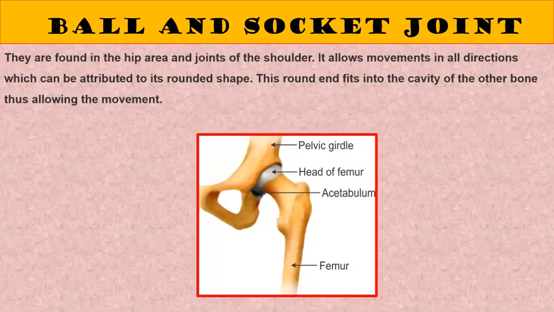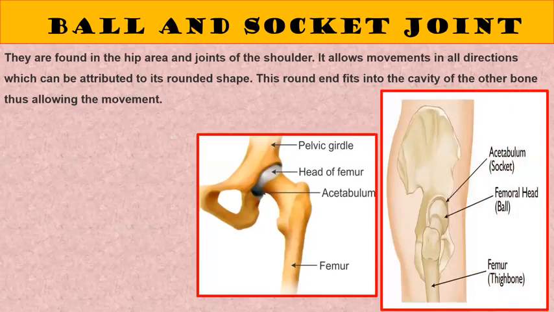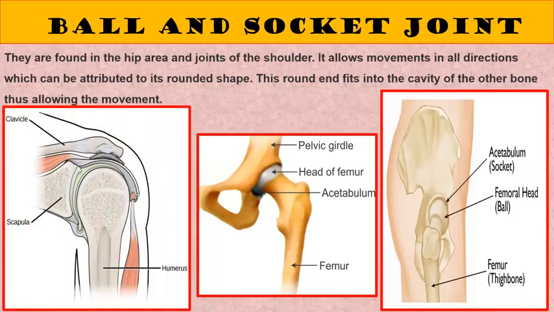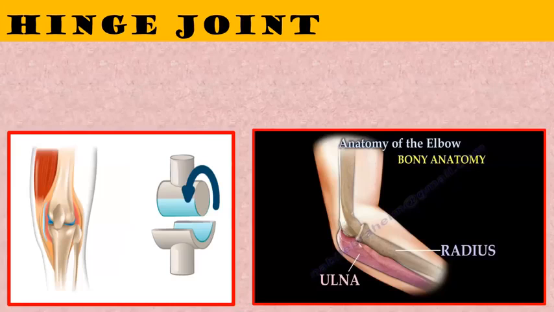The bones can be turned in any direction, that is forward and backward, side to side, and even rotated. The ball and socket joint occurs at the shoulder and hip in our body. A ball and socket joint allows much more movement of bones.